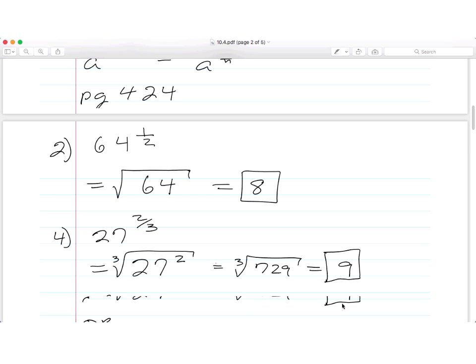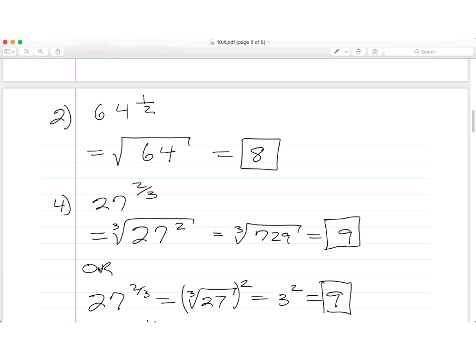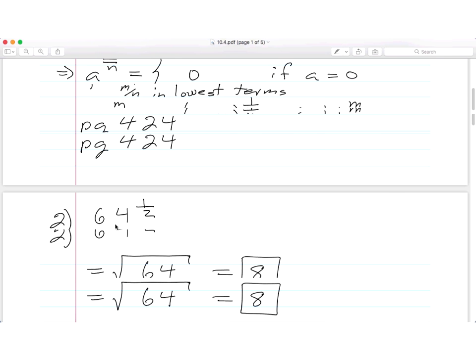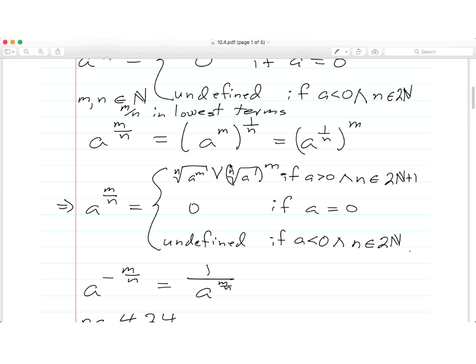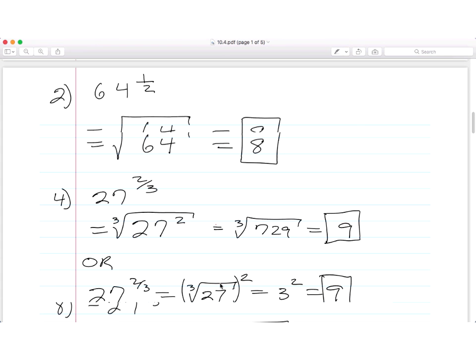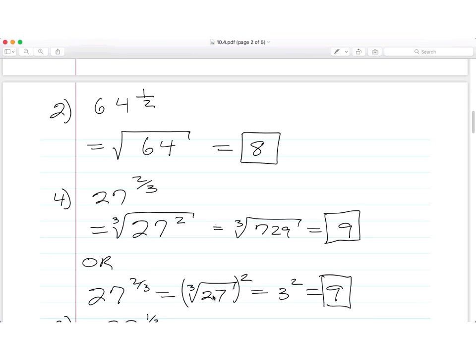But if we do it the other way, it actually turns out to be easier. So it said that it was also equal to the nth root of a all to the power m. So I could just take the cube root of 27 and then square it. Well, the cube root of 27 is 3, and 3 squared is 9. So notice that we're dealing with much smaller numbers.